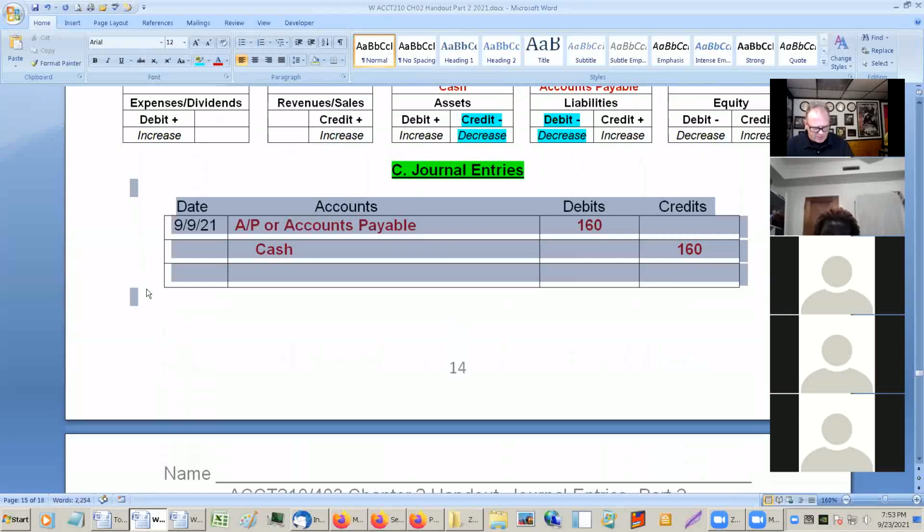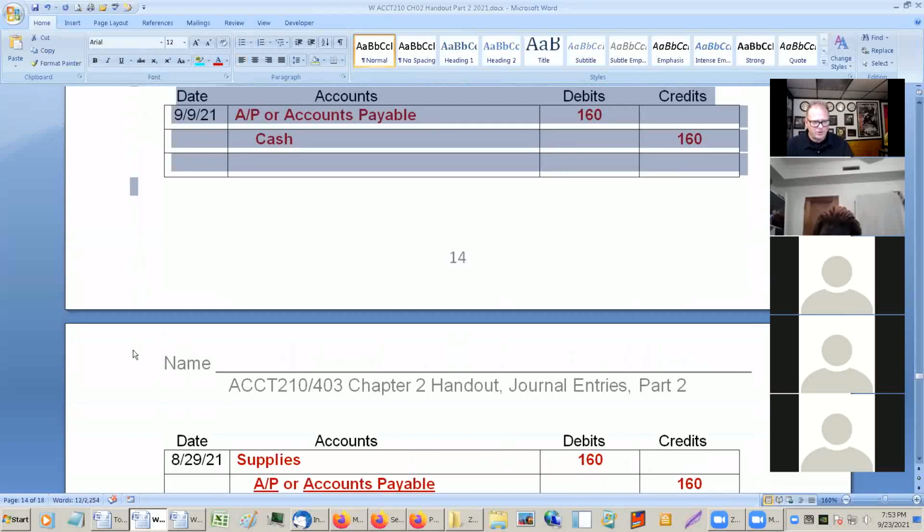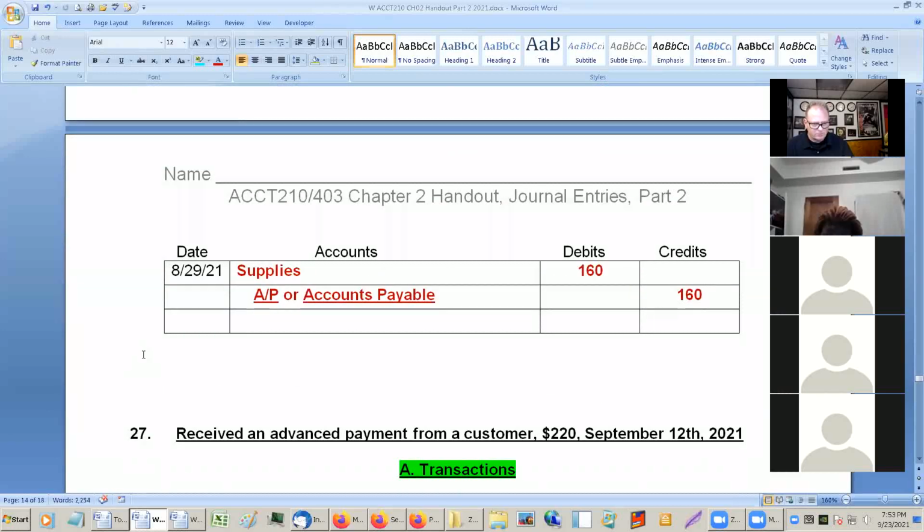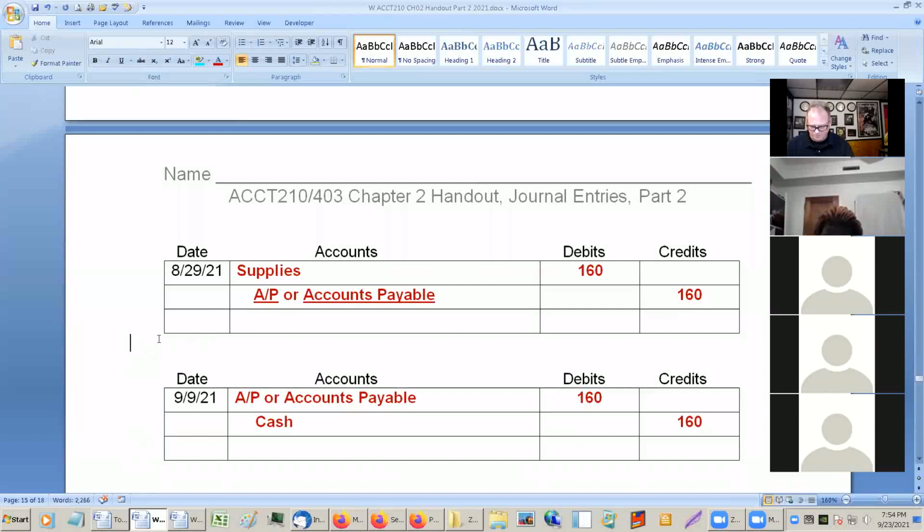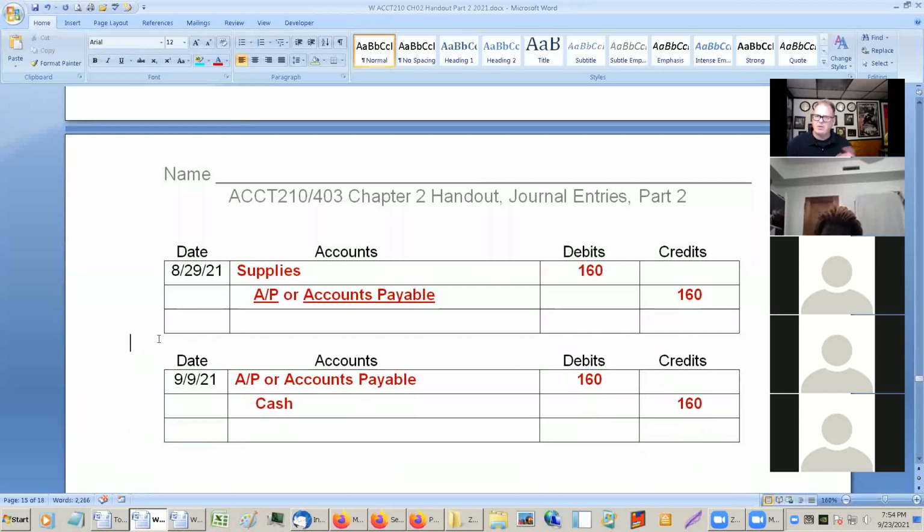When you talk about accounts receivable and accounts payable, you're really just talking about a delay between when the cash changes hands. This is when we bought it, we put this accounts payable on the books. Now here's where we paid for it.